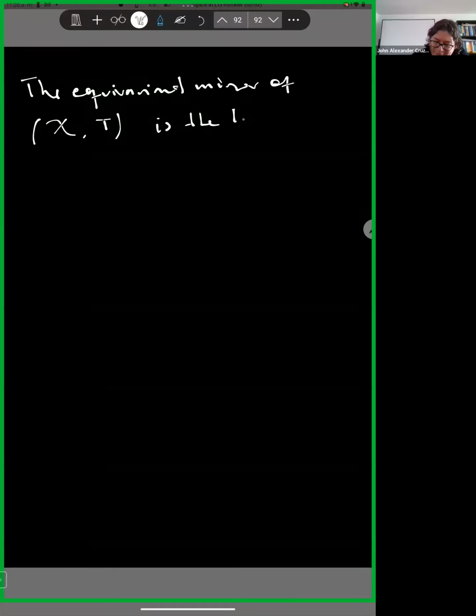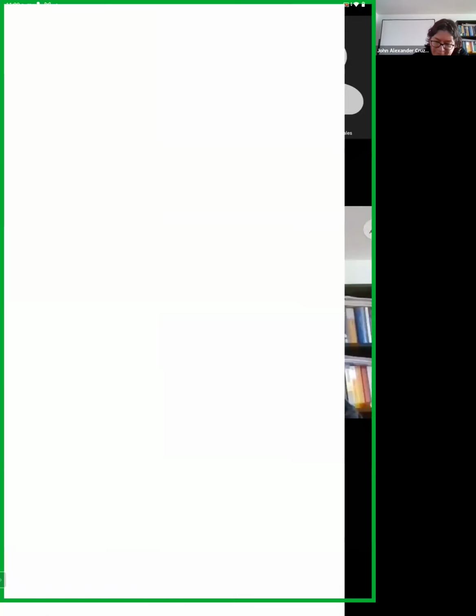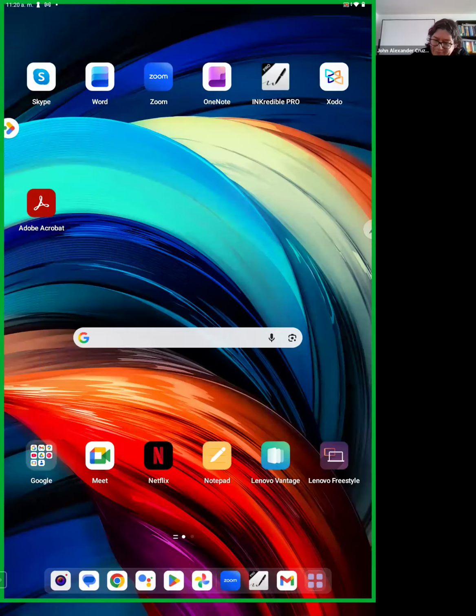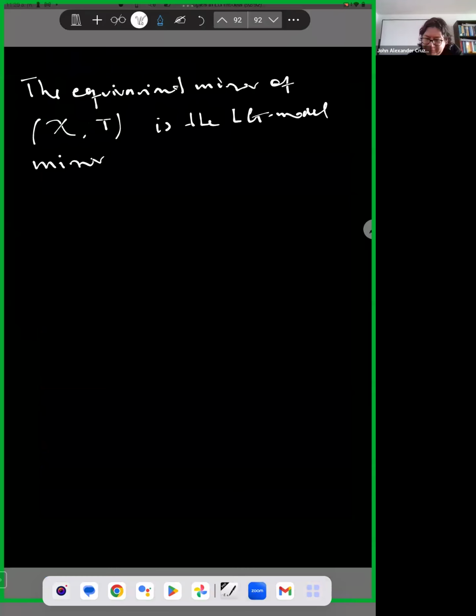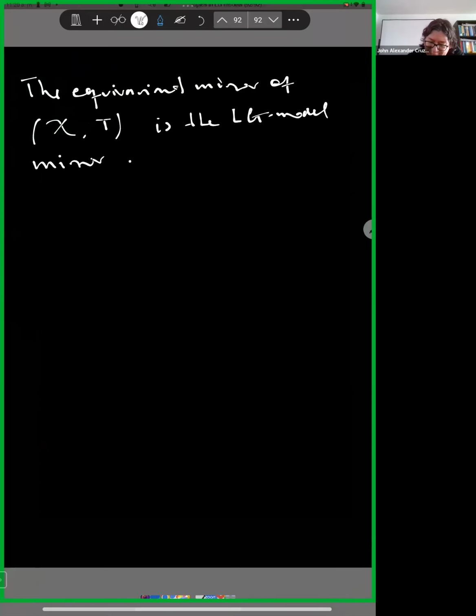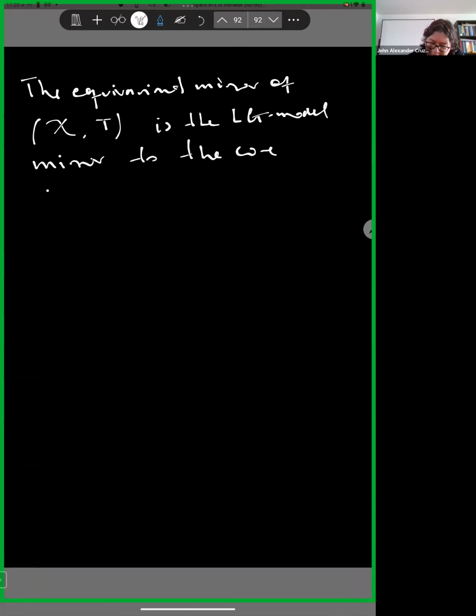It is the Landau-Ginzburg model mirror to the curly X.